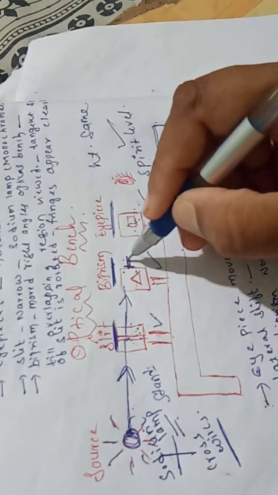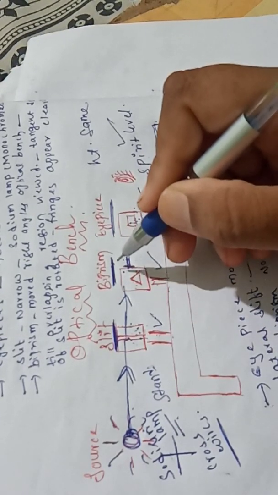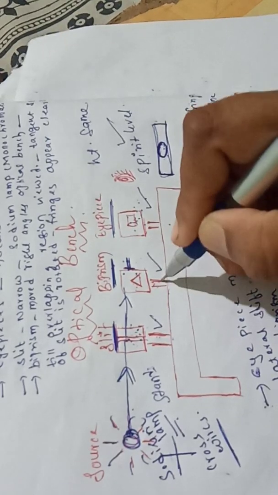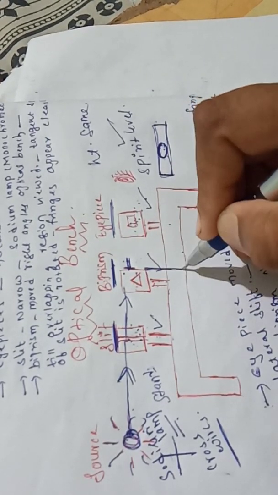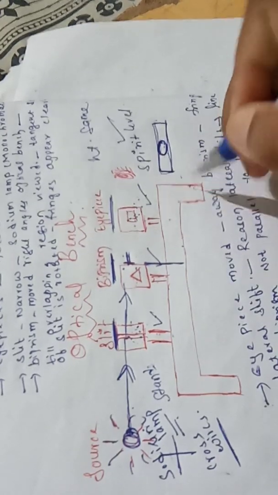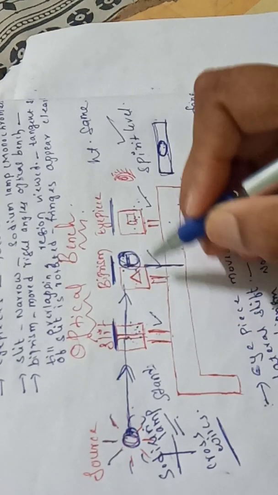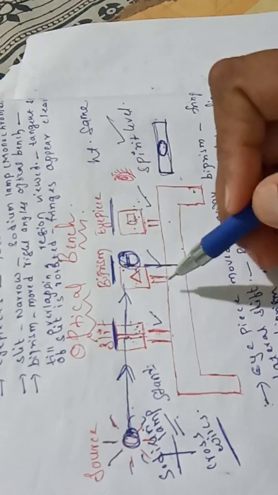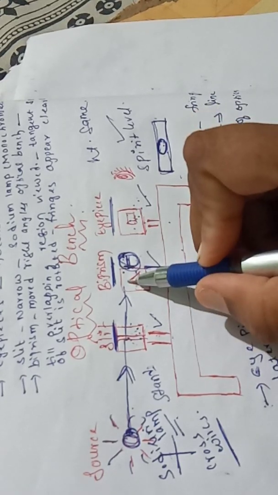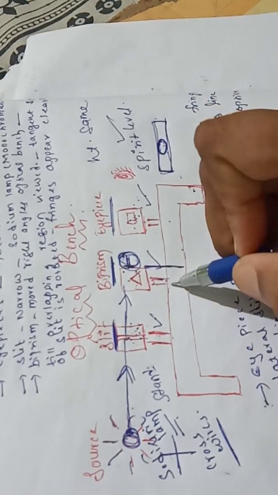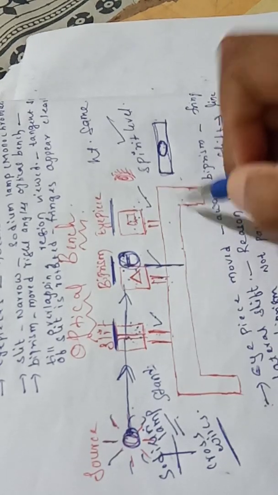Through this, we can rotate the biprism, and at the same time, the stand in which the biprism is placed can be moved at right angles to this optical bench, right?